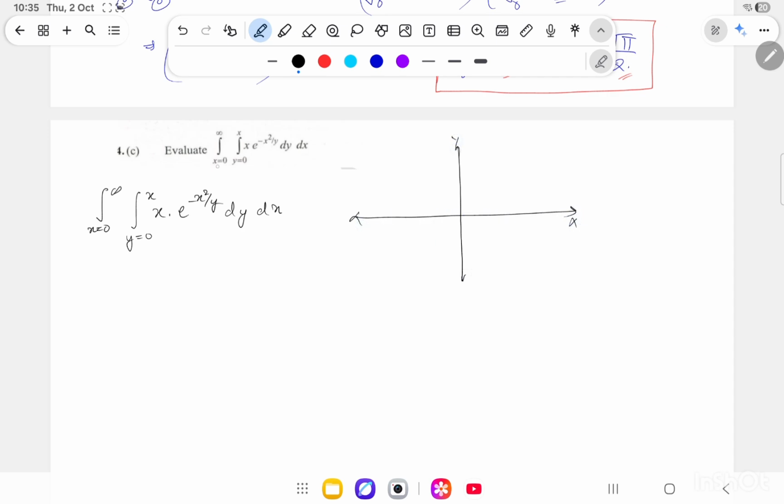The limit of x is varying from 0 to infinity, that is in this direction, like this whole region, and the value of y is varying from y equals to 0, that is from here, to y equals to x. So the line y equals to x is this line. So the region over which we are integrating is basically this region.